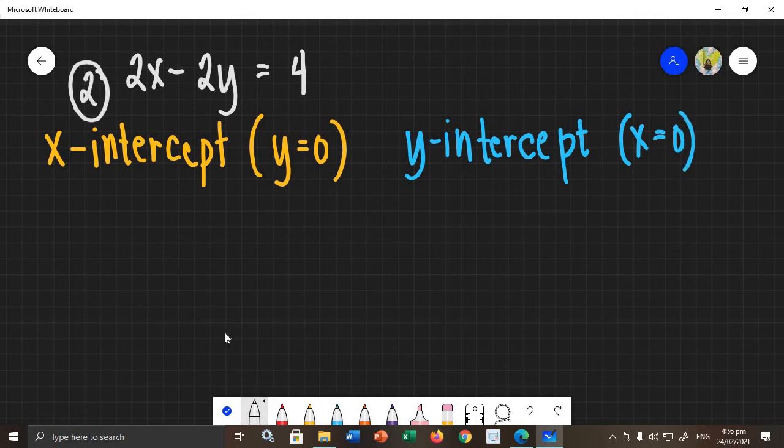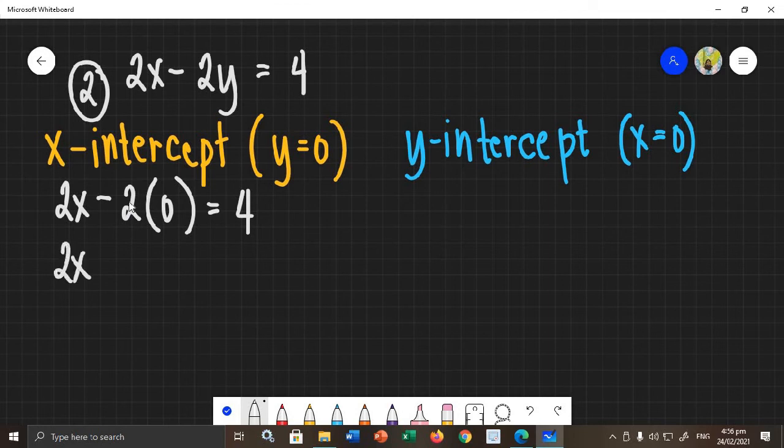So, solvein natin yung value ng x-intercept. Assuming that y is equal to 0, para ma-solve natin yung x, we have 2x minus 2 times quantity 0, kasi yung y mo is equal to 0, is equal to 4. Okay? And then, we have 2x, negative 2 times 0, it will be cancelled.